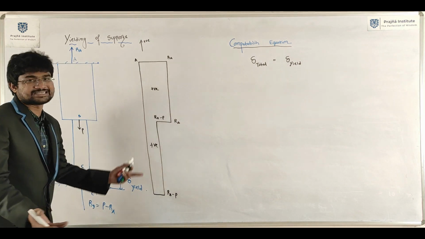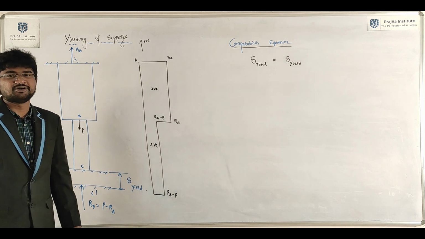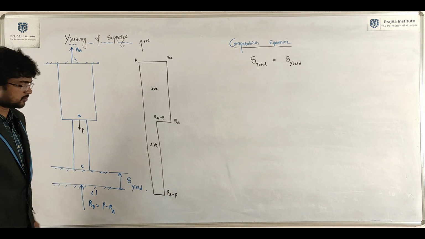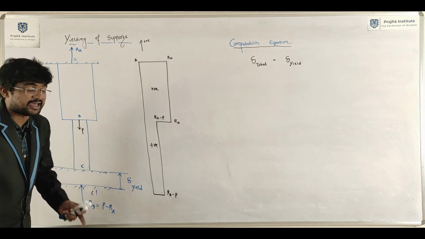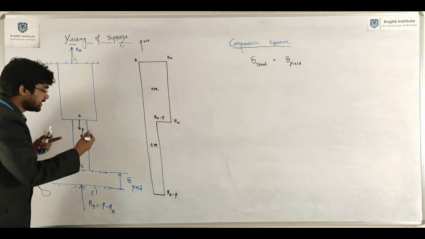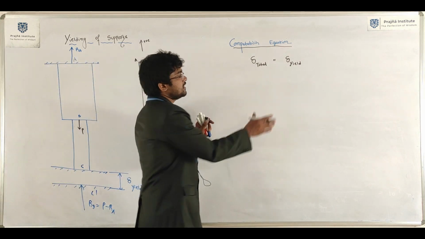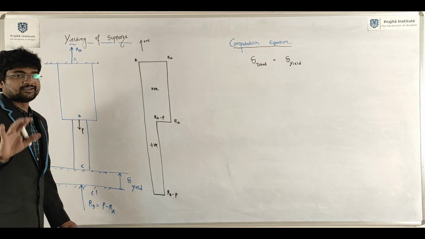But here only one step. In most cases of delta gap problems RB is not equal to 0, but anyhow you can check it once. Here delta yield is given. The support C has some yielding effect. Yielding means movement of the support. It will definitely move, so you can happily write the compatibility equation.